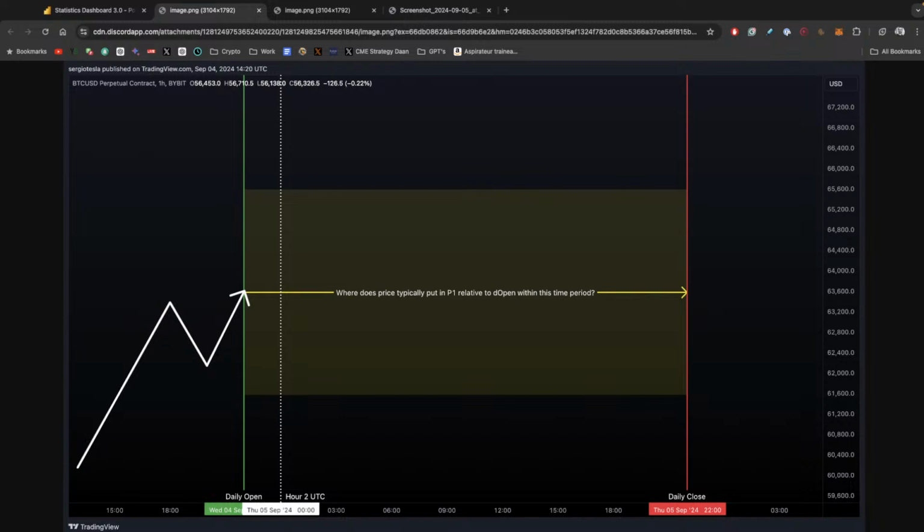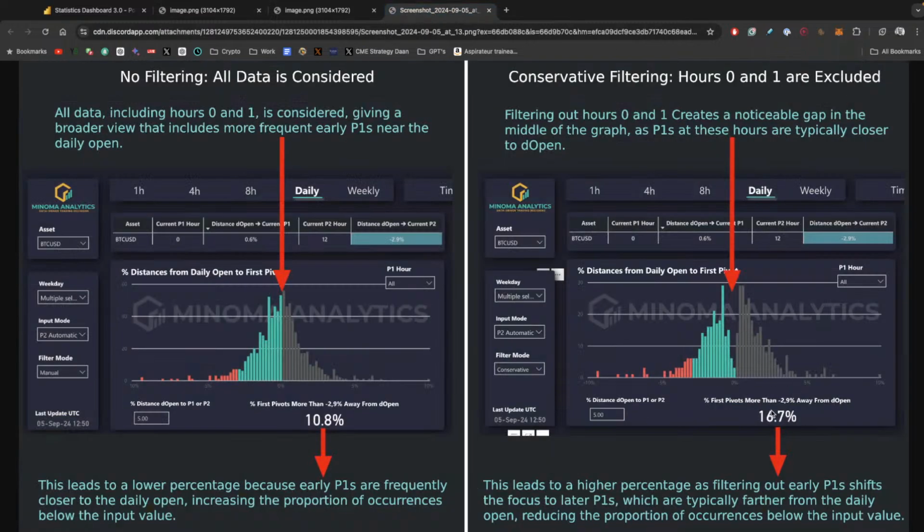Okay. So again, without conservative filtering, you are asking the broader question: given all available data, where does price put in a P1? So this accounts for all early P1s placed during hours 0 and 1, which tend to be closer to the daily open. The early P1s are frequent and often skew the data towards showing that P1 is set close to the daily open, which leads to signals that tend to be more aggressive, right? So this is more conservative.